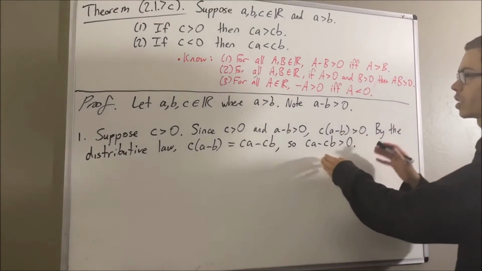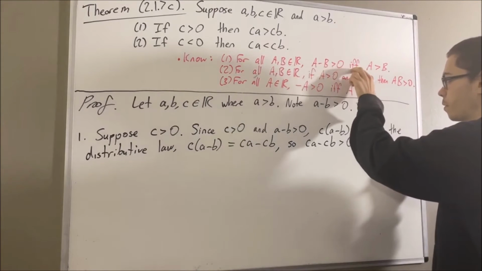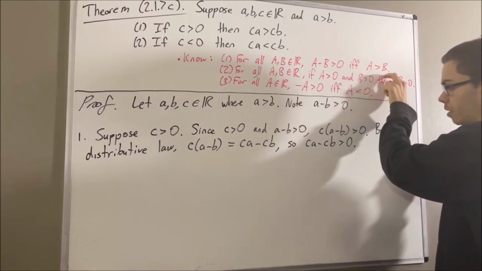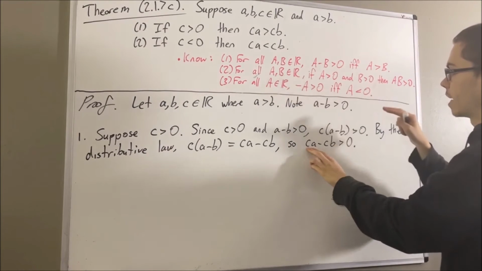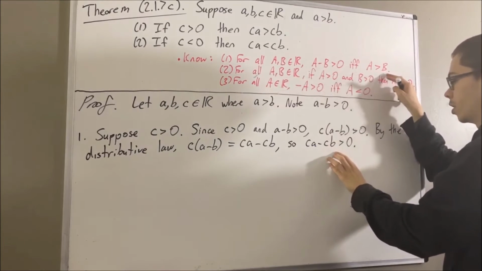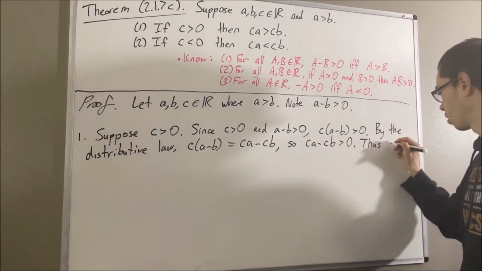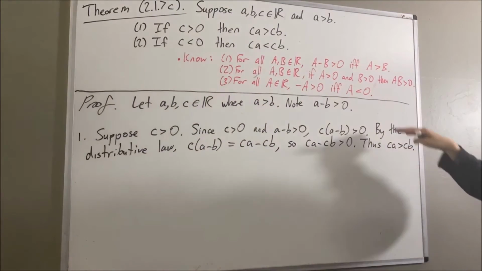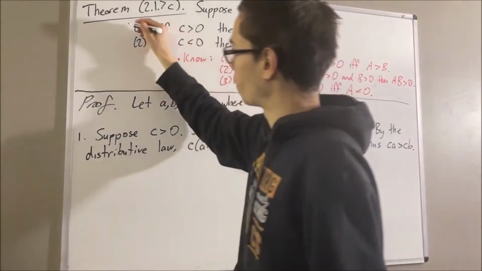And now we can go back to our first fact, which tells us capital A minus capital B is greater than 0 if and only if capital A is greater than capital B. So we can think of ca as our capital A and cb as our capital B. It follows that capital A is greater than capital B, which means ca is greater than cb in this case. And this is exactly what we wanted to prove in this first statement. So this completes the proof of 1.